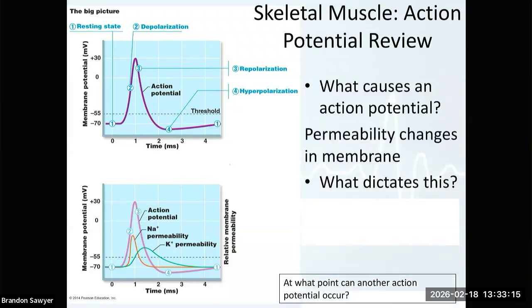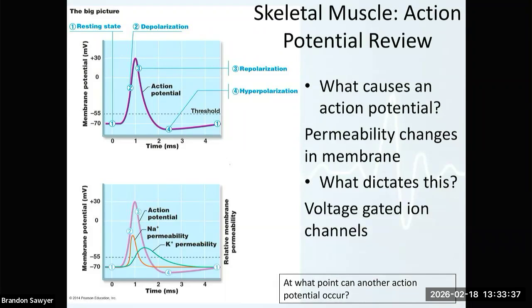The thing that causes action potentials is changes in the permeability of the membrane to ions. How open is the membrane to different ions? That's dictated by voltage-gated ion channels. So we see these permeability changes here.